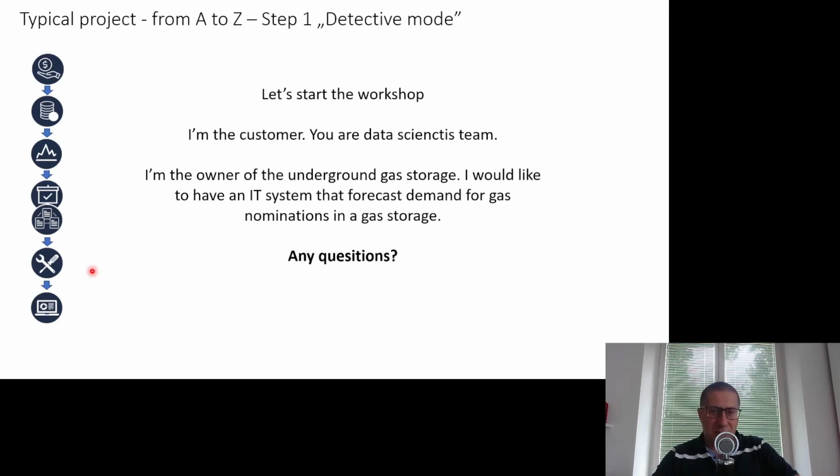The first workshop, where you will openly talk with the customer to understand the business context, the physics behind the process, the limitations, data sources, and of course, this is also important from the social point of view, because you will learn about each other.